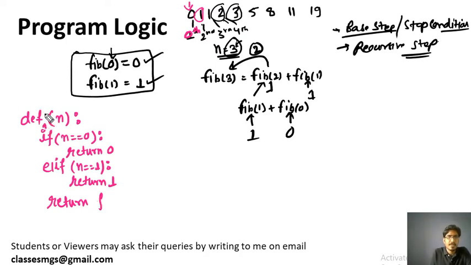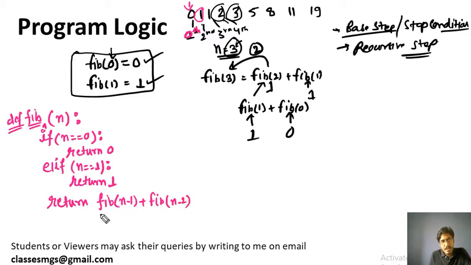Otherwise we will apply the recursion. I forgot the definition name. The definition name is fib. Let me just write it here so that you don't get confused. def fibonacci, like this. def is the keyword of Python. Now we are calling fibonacci n minus 1 plus fibonacci n minus 2.